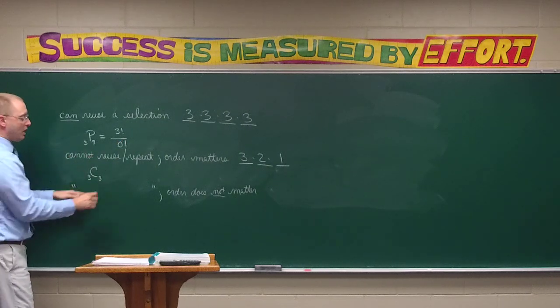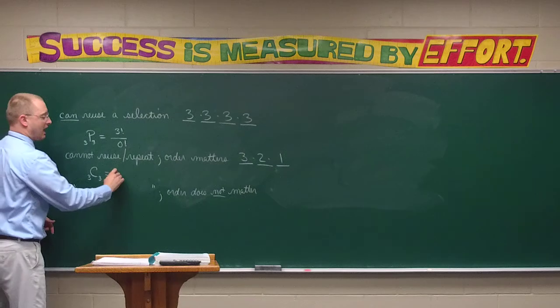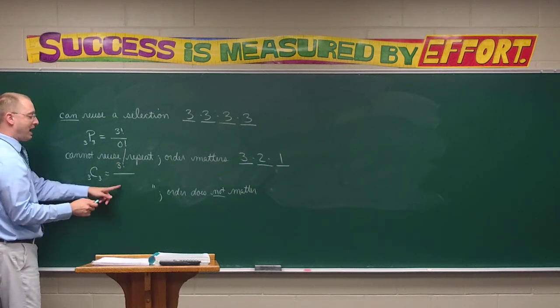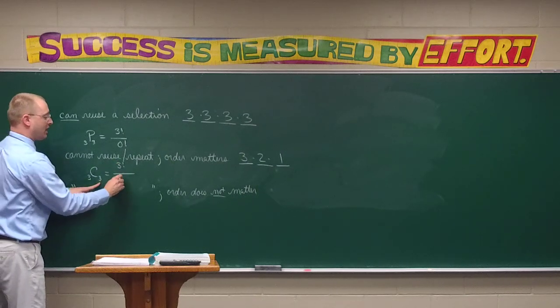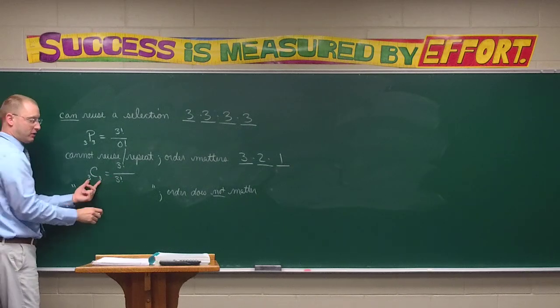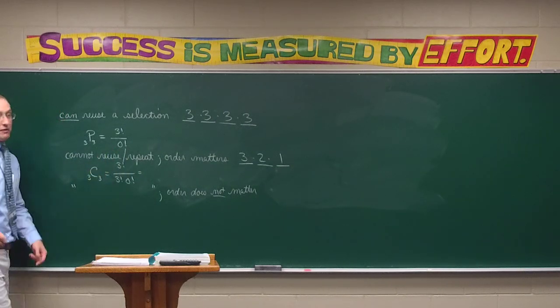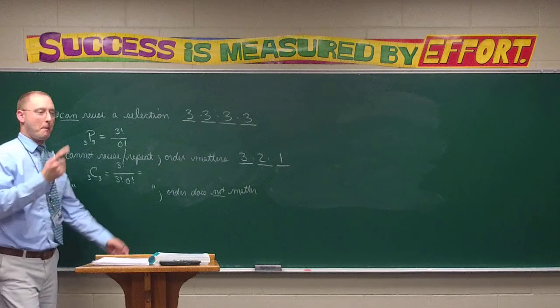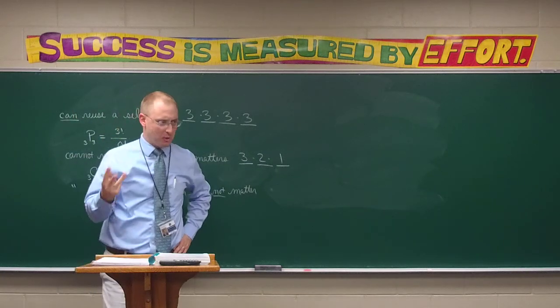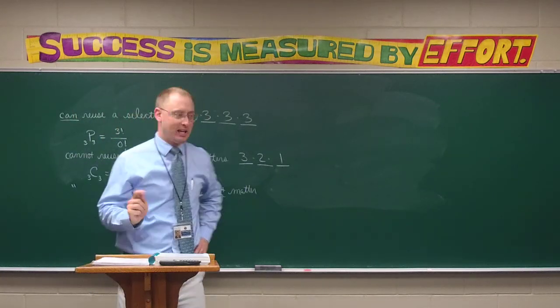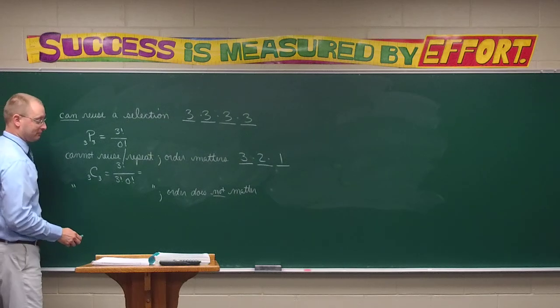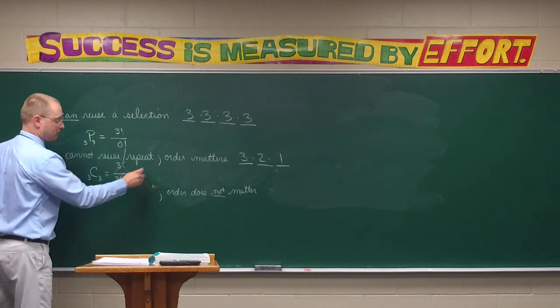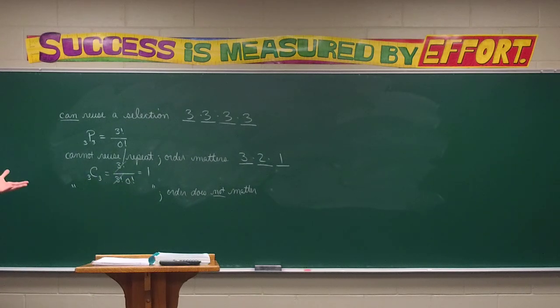For a combination, it's still 3 factorial on top, but on the bottom you put r factorial and the difference factorial. So if it was just the 3 juniors, and I walk in a room and need 3 people to help me, how many different groups could I pick? 1. There's only 1 group of 3 that exists.